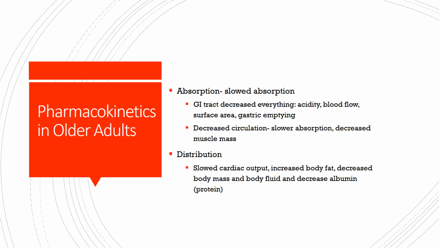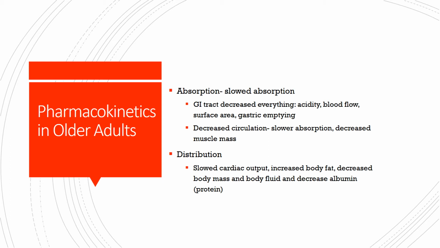If we have a decrease in blood flow, circulation and gastric emptying, then we're going to have a potential delay in absorption. If we're absorbing things slower, what's going to happen to that therapeutic level? It may possibly need an increased dose, depending on what's going on with your patient.